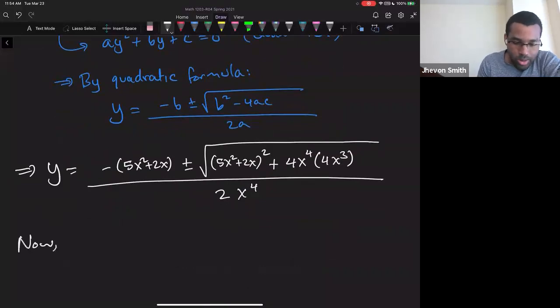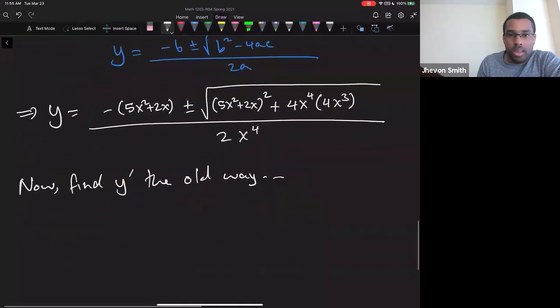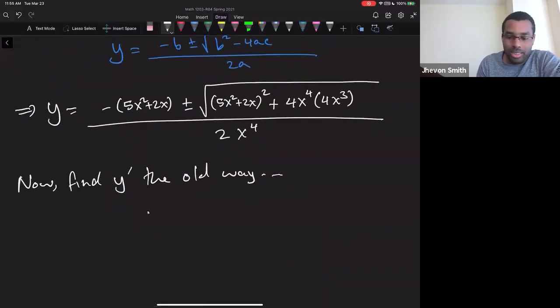So I could actually solve for y. Now, find y prime the old way. To which I say, nah, not going to do that. Like, no, definitely no. I'm just not going to do that.